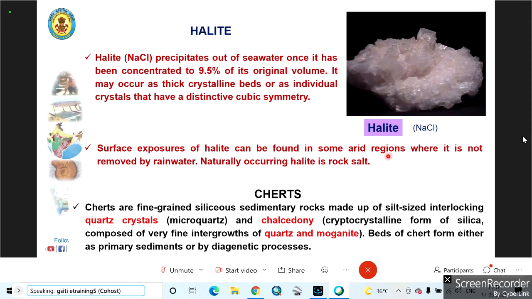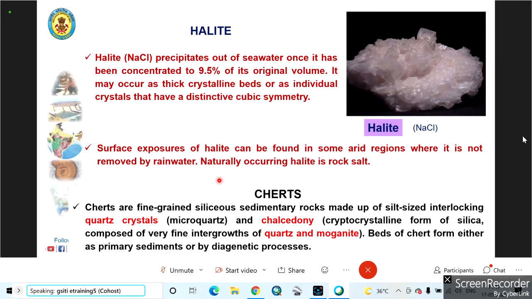Why? Because this is highly soluble NaCl, so it would generally be dissolved by the rainwater. So we can only find it in some arid regions, where there is very low rainfall or scarcity of rainfall. Naturally occurring halite is rock salt.